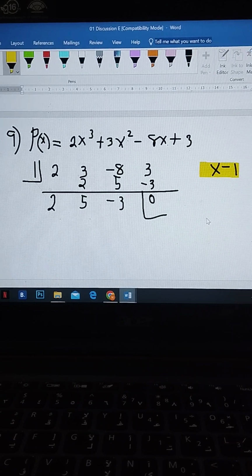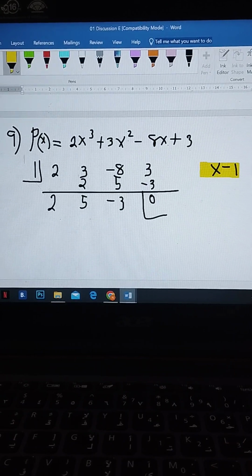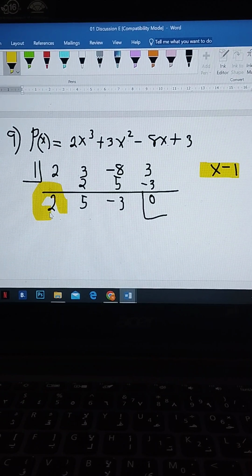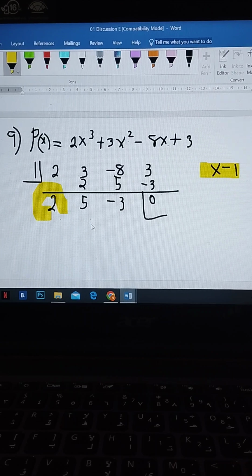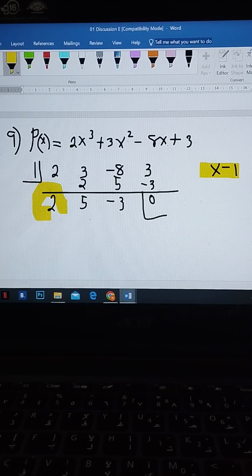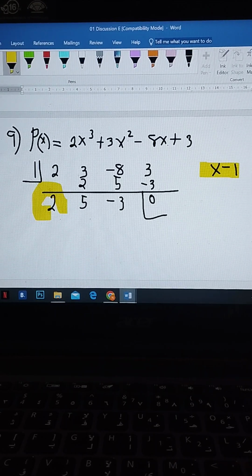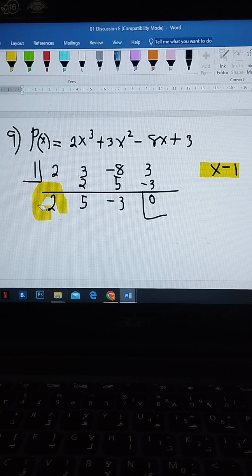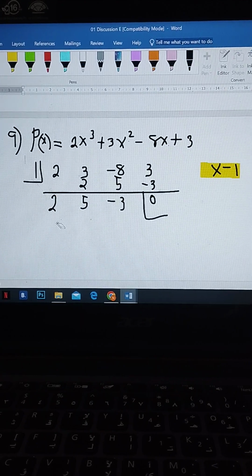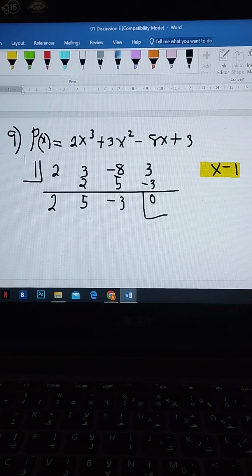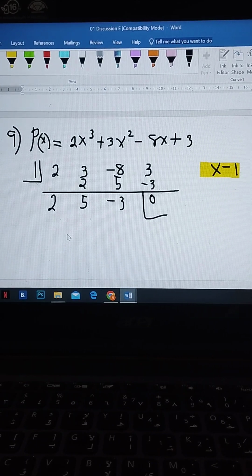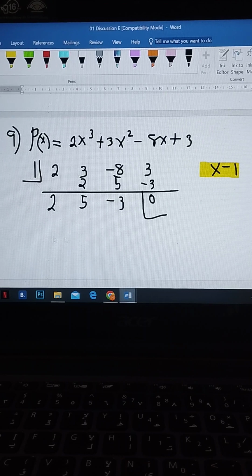Next, what are the factors of negative 6 so that when added the sum is 5? So we can factor this. Since 2 and negative 3 are prime, we can just use the trial and error method here.